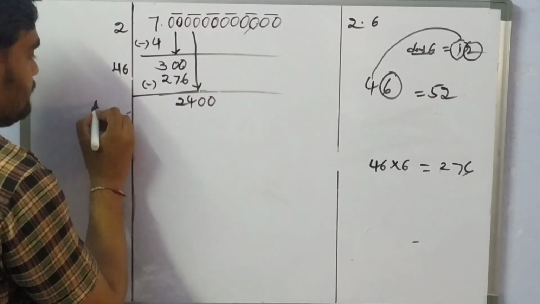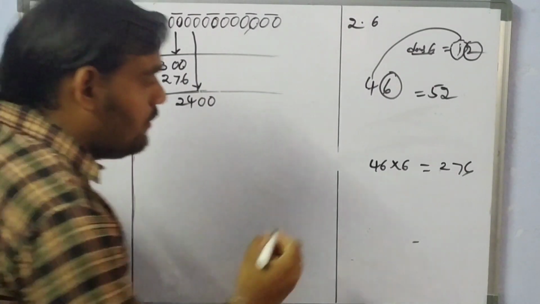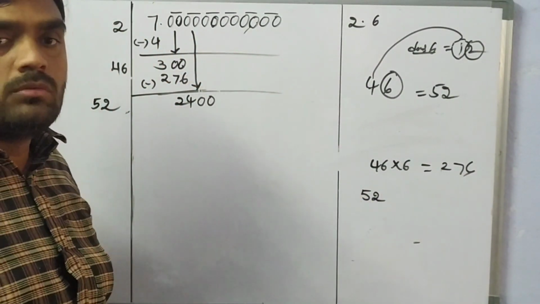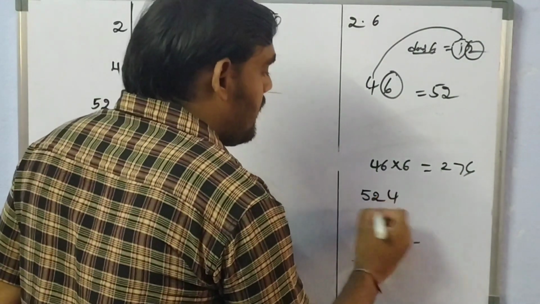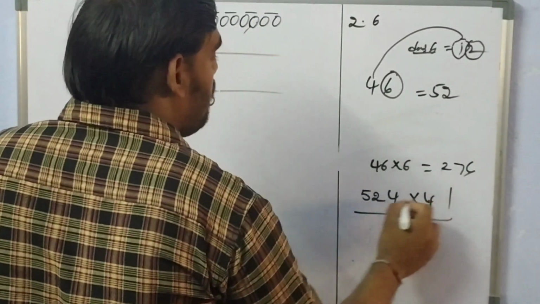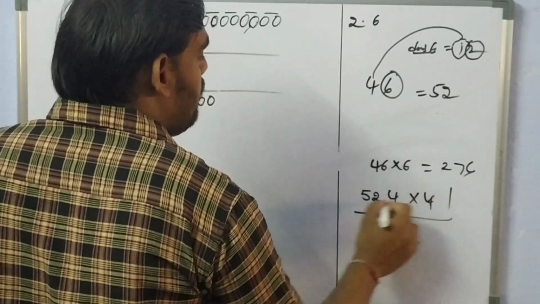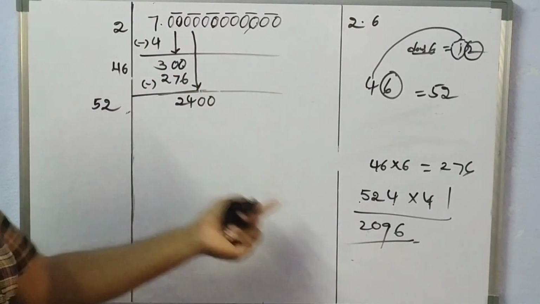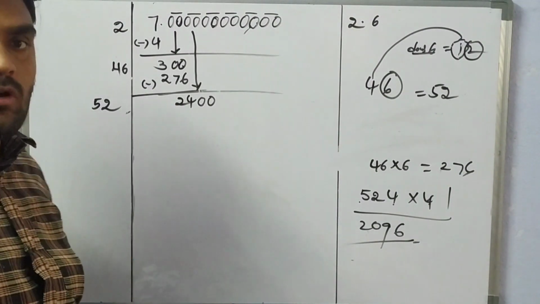Whatever digit we are writing beside 52, we need to multiply with that one. Suppose if I write 52 after 4, it will become 524 into 4. 4 4s are 16, 1, 4 2s are 8, 8 plus 1, 9, 4 5s are 20, 2096 I got. So it is nearer to 2400 only.